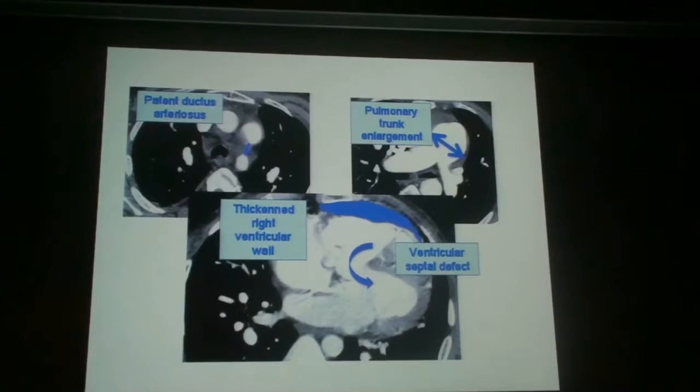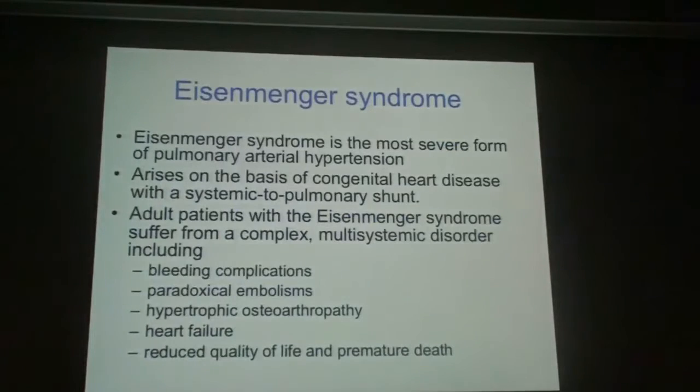So you need to be able to recognize such abnormalities even though you're not specialized in pediatrics or in heart diseases. And this is what we call the Eisenmenger syndrome. It's the most severe form of pulmonary arterial hypertension. It arises on the basis of congenital heart disease with a systemic to pulmonary shunt.